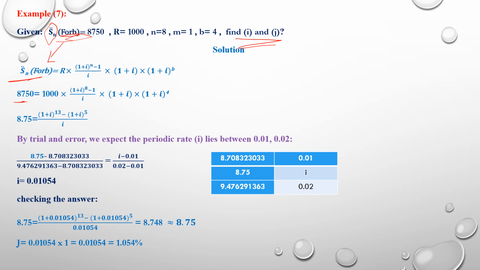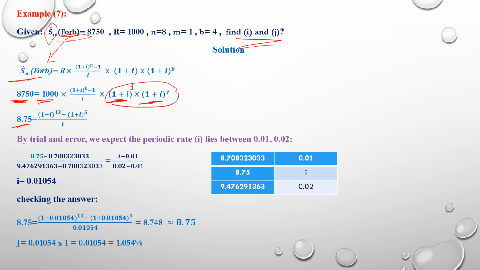By dividing this amount by 1,000, we get 8.75. And again, multiplying 1 plus I times 1 plus I, we have the same bases here, so we will add the powers. The power of this base is 1, and the power of this base is 4, so 1 plus 4 equals 5.